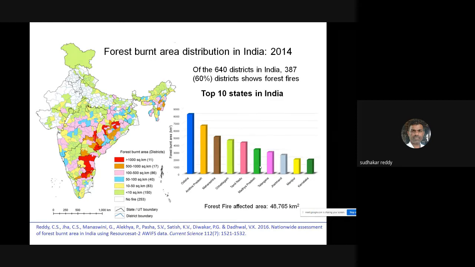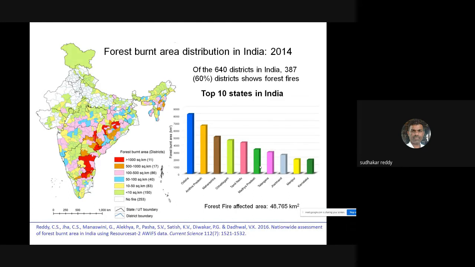The districts affected by more than 1,000 square kilometers number 11. They are mostly found in Tamil Nadu, Andhra Pradesh, Telangana, and Odisha. And in comparison to the number of districts, the maximum districts are affected by forest fires.